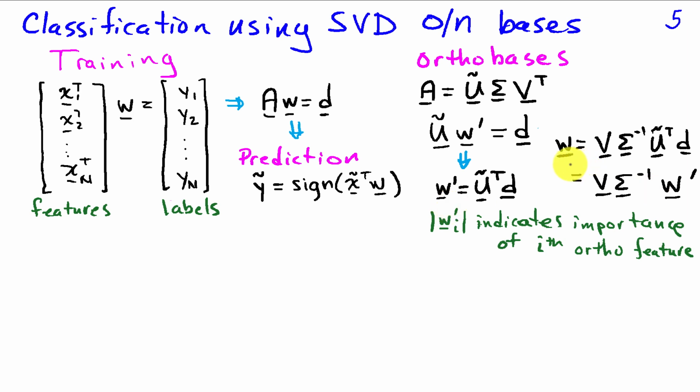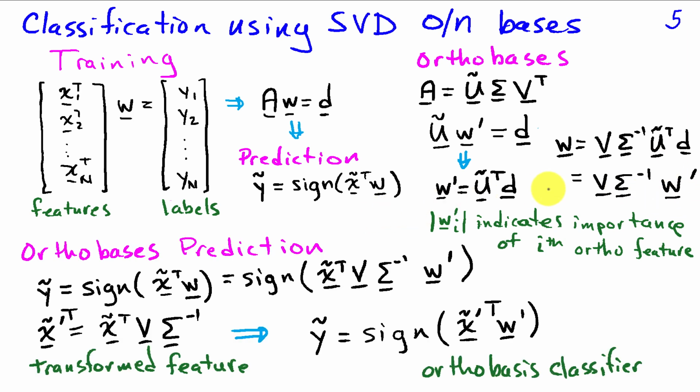Now there's a relationship here between W and W prime, and this is obtained simply by looking at the singular value decomposition of A. Clearly W has to be equal to V sigma inverse U tilde transpose times D, or V sigma inverse W prime. And this relationship allows us to do orthobases classification using a new feature, so predicting the label associated with a new measured feature that wasn't used for training.